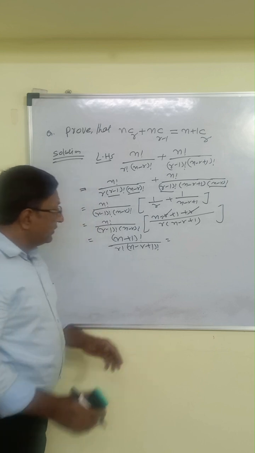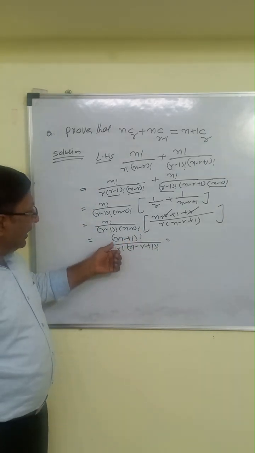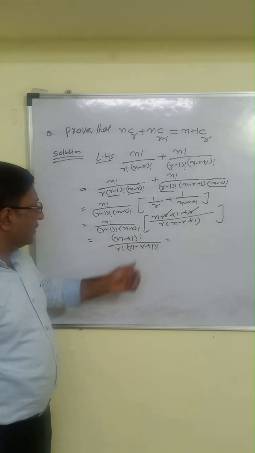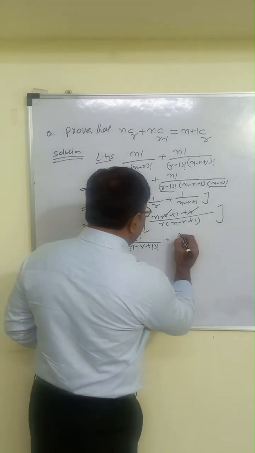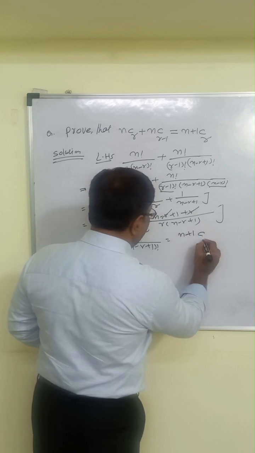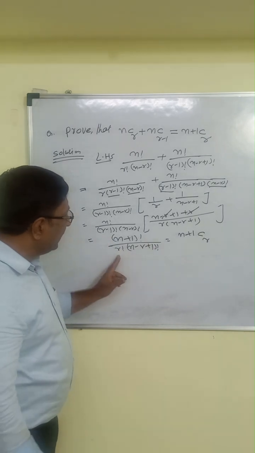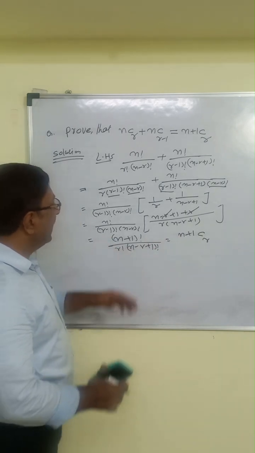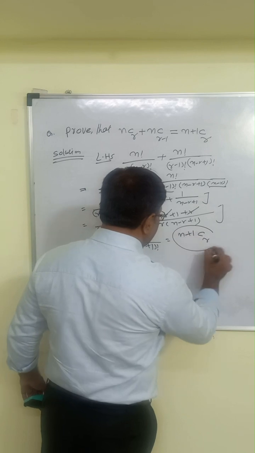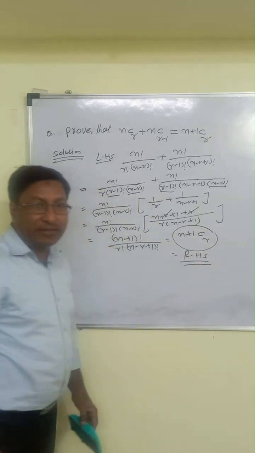So this is (n plus 1) factorial over r factorial and (n plus 1 minus r) factorial. Directly we can write this as (n plus 1)Cr. So we have proved (n plus 1)Cr, which is the RHS. So LHS equals RHS, proved.